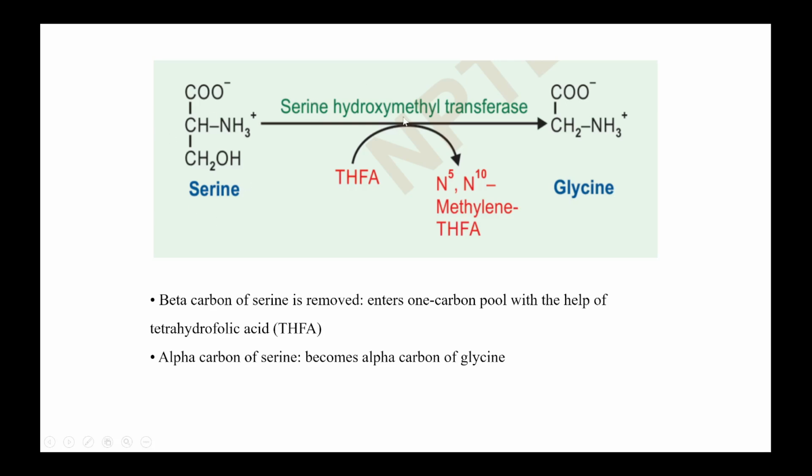So a hydroxymethyl group is transferred. This is a hydroxymethyl group, CH2OH. There's an OH attached to the methyl group. So it's called a hydroxymethyl group, and since the hydroxymethyl group is attached to serine, the enzyme is named serine hydroxymethyl transferase.